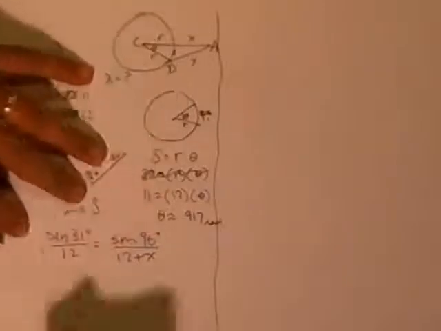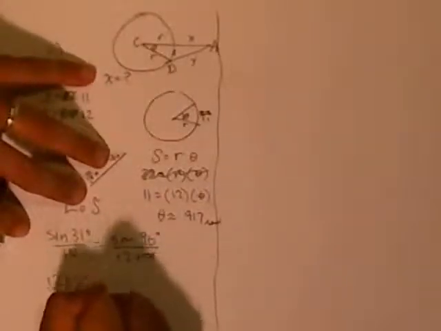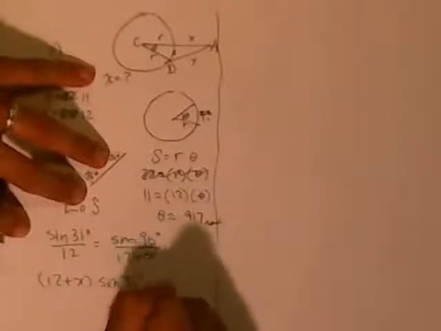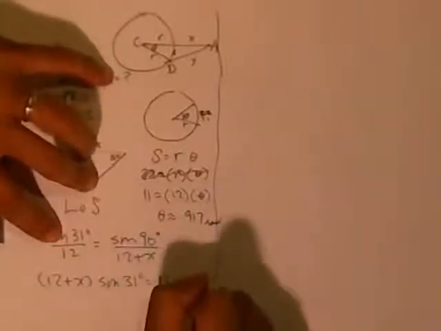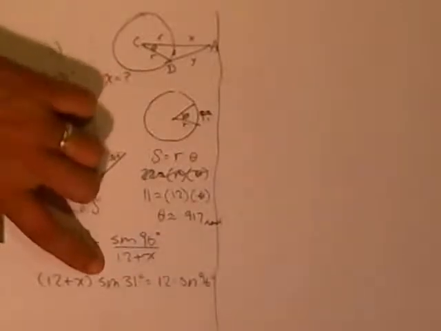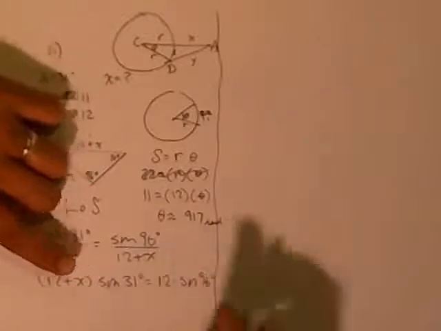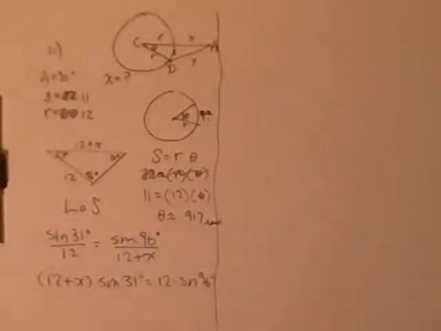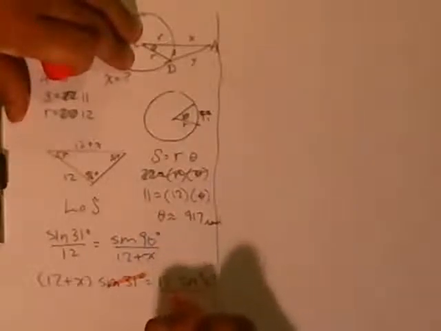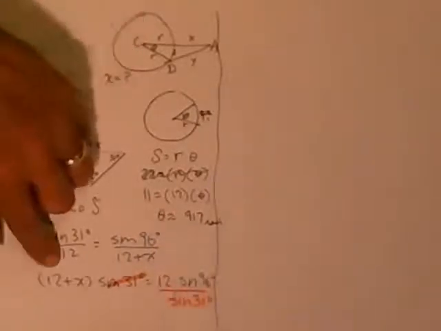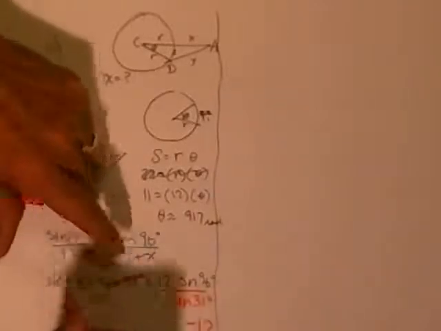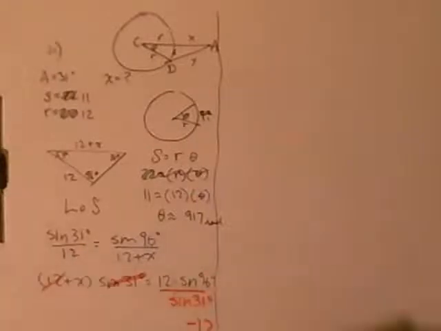Cross multiplying, you get 12 plus x times the sine of 31 is equal to 12 times the sine of 96 degrees. And then to get 12 plus x by itself, how do I get rid of the sine of 31? I divide by the sine of 31. And I end up with 12 plus x. How do I solve for x? I subtract 12. There it is. And that's what x is equal to.